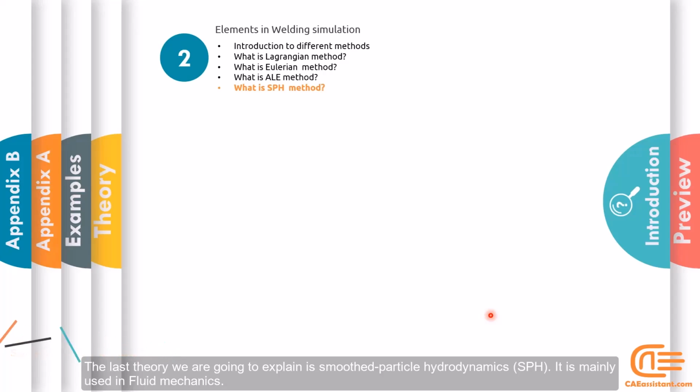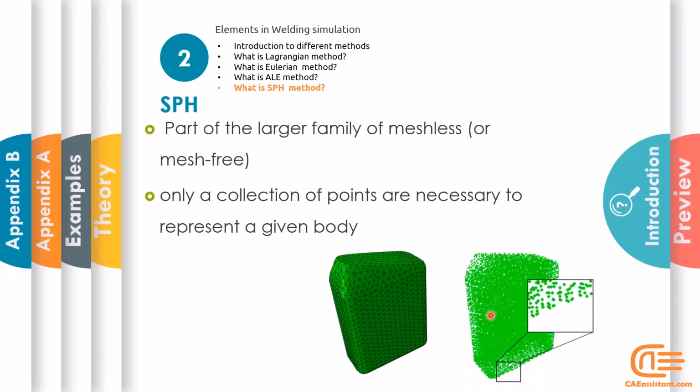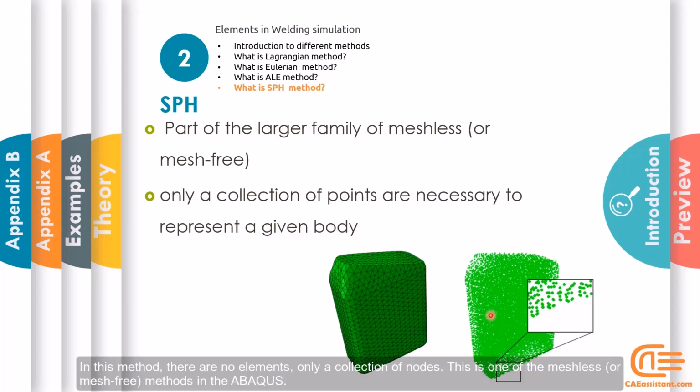The last theory we are going to explain is smoothed particle hydrodynamics, or SPH. It is mainly used in fluid mechanics. In this method, there are no elements, only a collection of nodes. This is one of the meshless or mesh-free methods in the Abaqus.